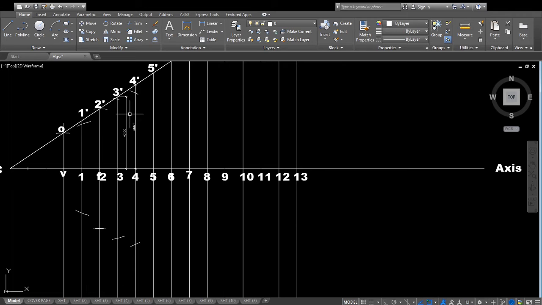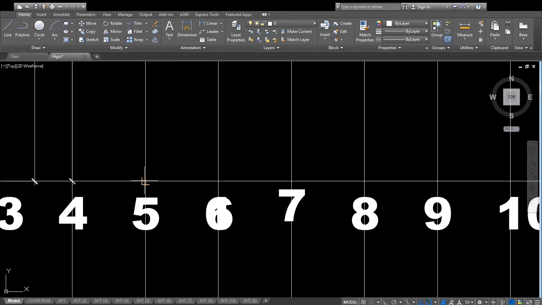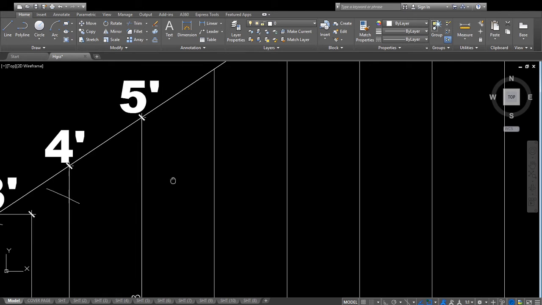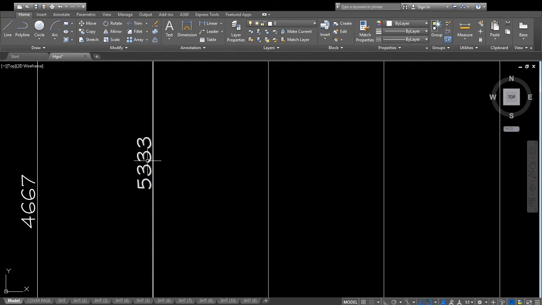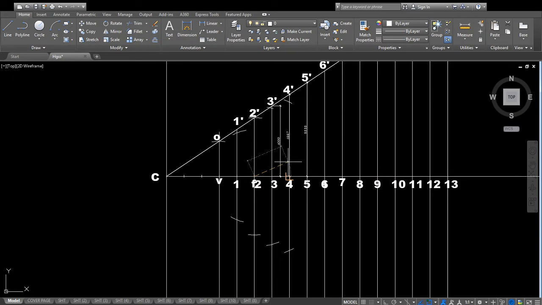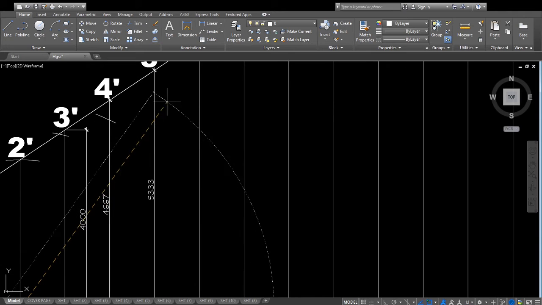The next point is 5 prime. What is my measurement from 5 to 5 prime? I have 5333. So pick my arc, come to F. Please remember at every measurement, you use F as your center.